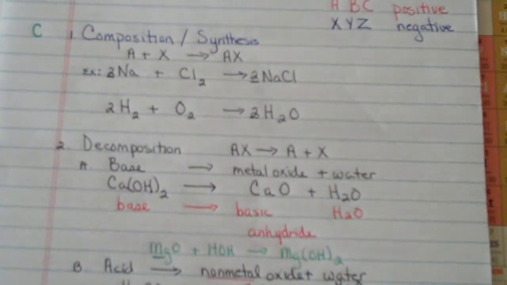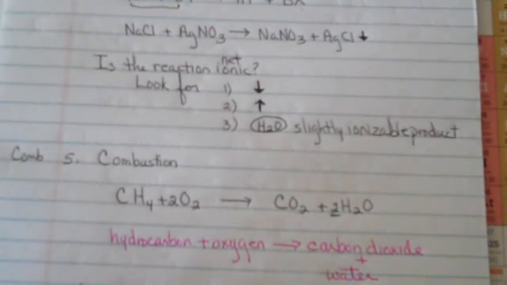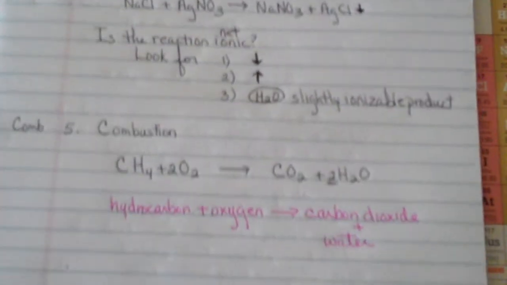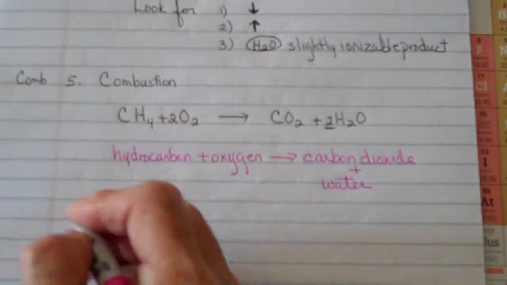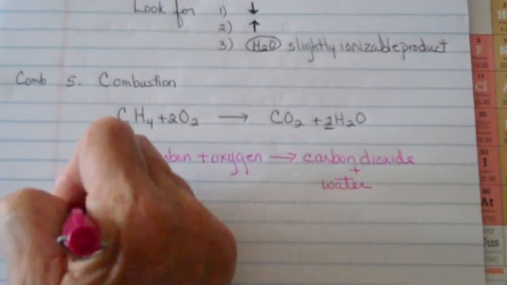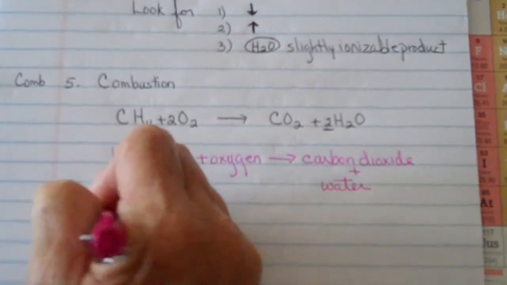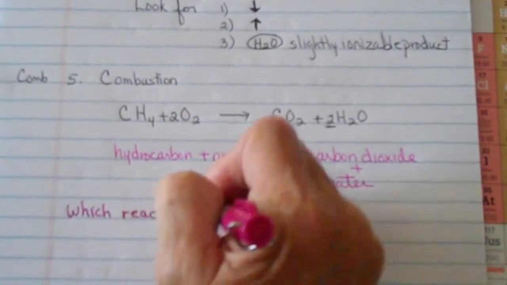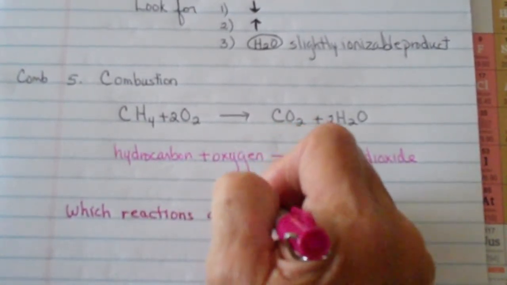Of these 5 reactions, composition, decomposition, single and double displacements, and combustion, 4 of these are always redox reactions. So let me go back and let's answer the question. Which reactions, let me see if you can see this, okay, which reactions are redox?